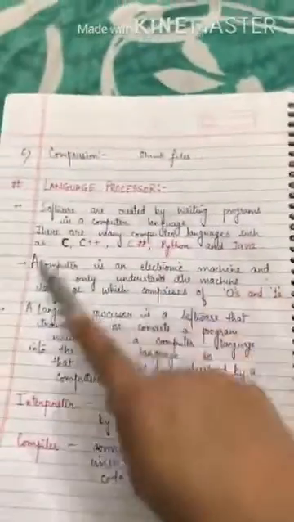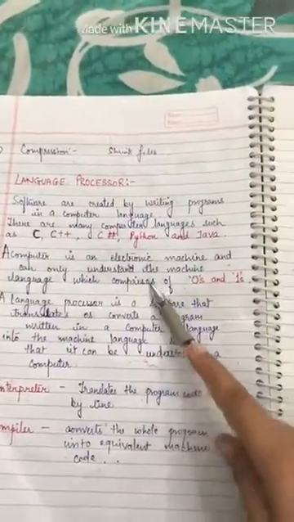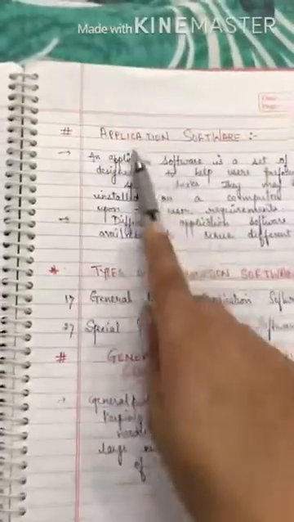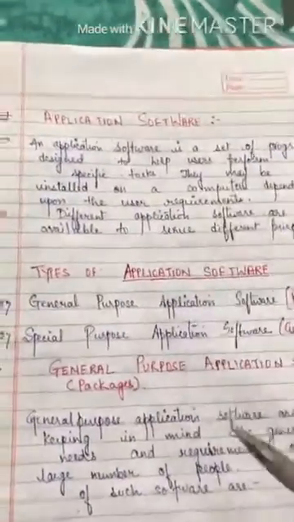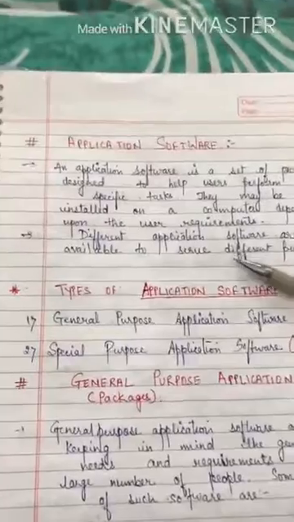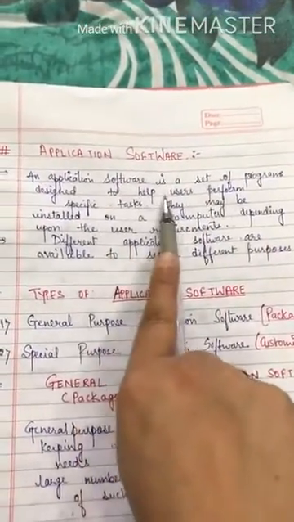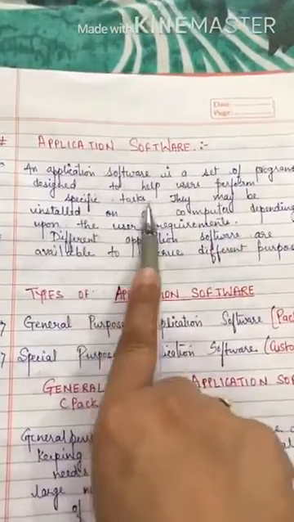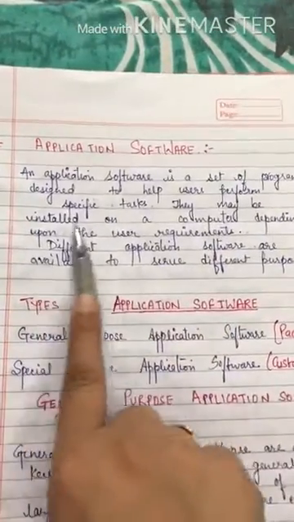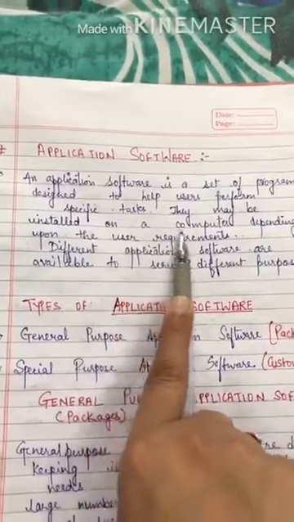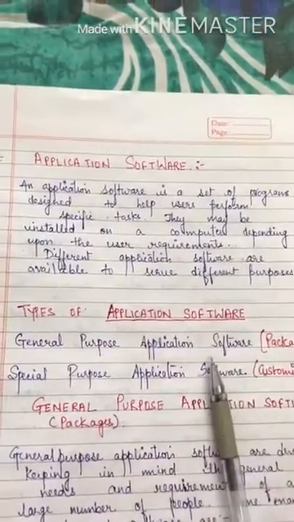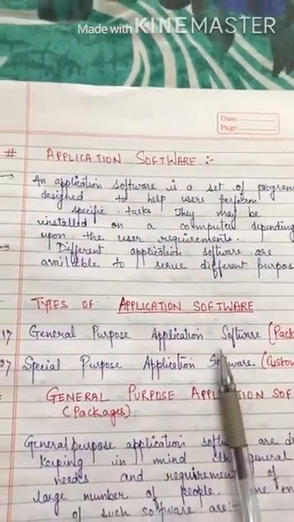Now come to the next topic, that is application software. So this is all about the system software. And now come to the topic application software. What is application software? An application software is a set of programs designed to help users perform a specific task. They may be installed on a computer depending upon the user requirements.